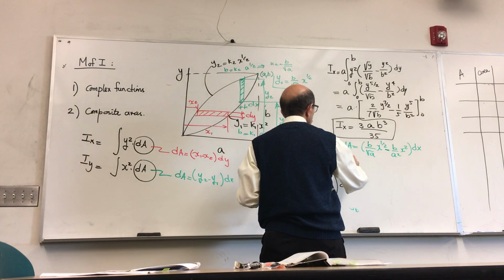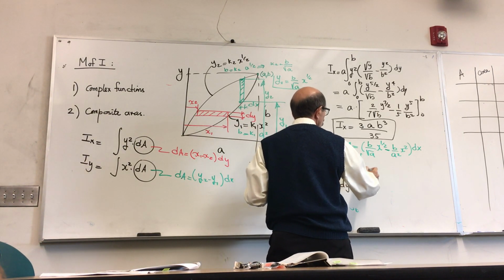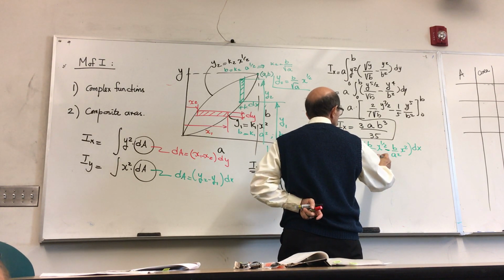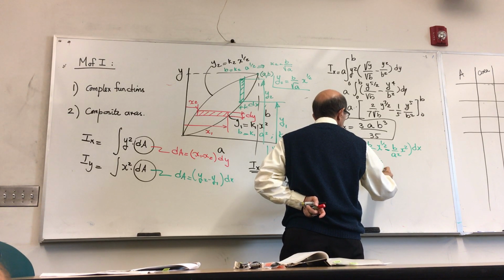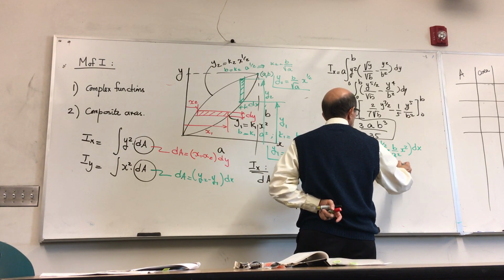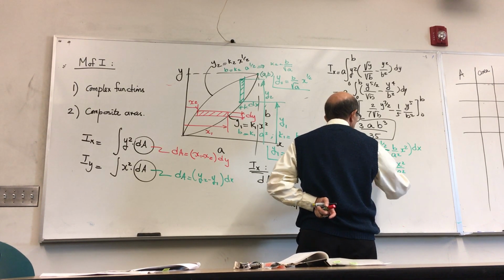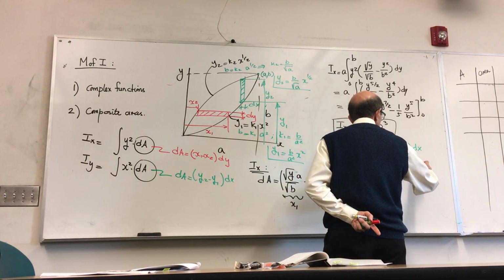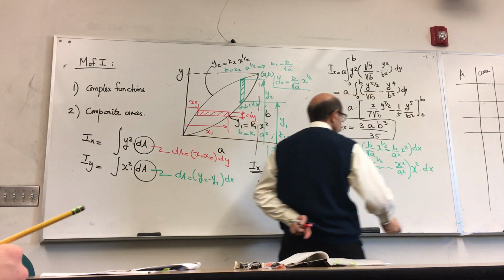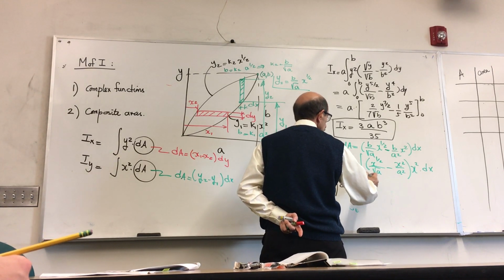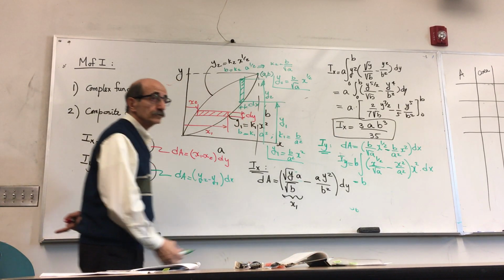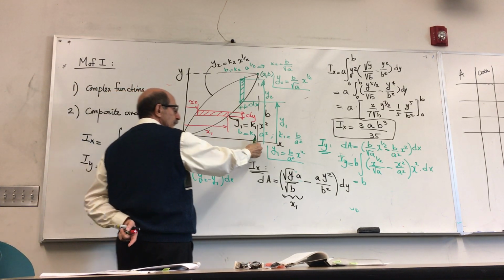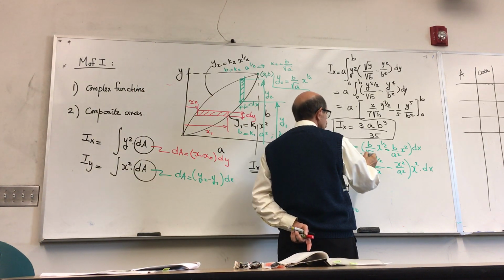So I of y is the integral of, and now in this case I take b out, x, square root of x divided by square root of a minus x squared divided by a squared, times x squared dx. Let's simplify that, you get b, and dx goes from 0 all the way to a, so that's the bound of integration.